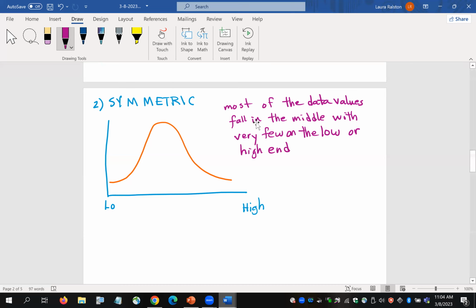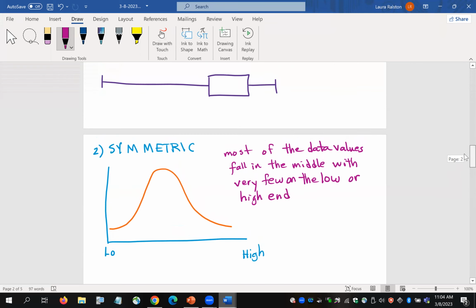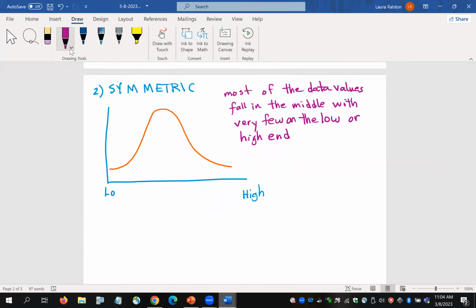If you're looking at it from a box plot perspective, with a box plot, the box would be in the middle of the graph.